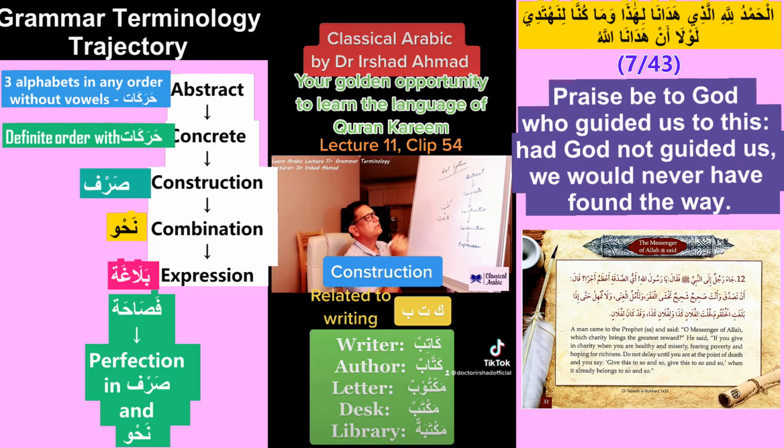which means writer. Anybody who writes anything, if I write on a piece of paper, just an A4 page, I'm a writer. And then we have from the same root Katabun, which is author. So author means writing all the time and writing lots and lots of things, books, etc. We have another word, Maktubun.